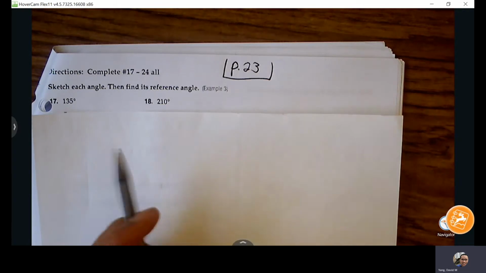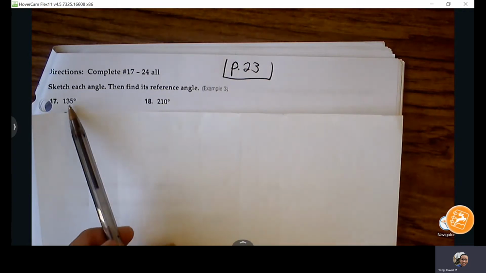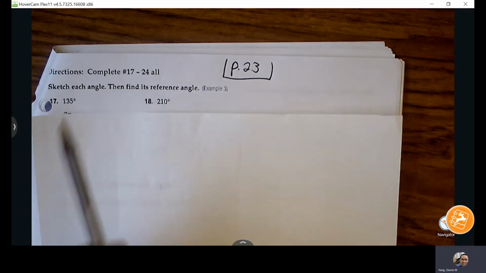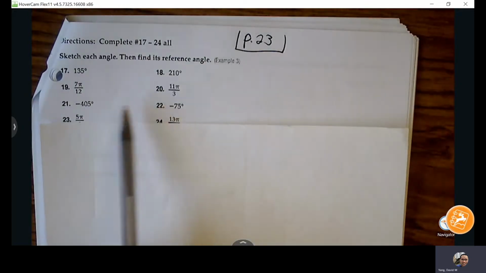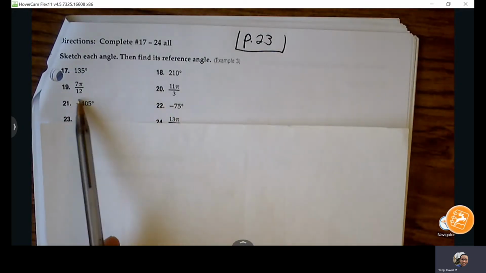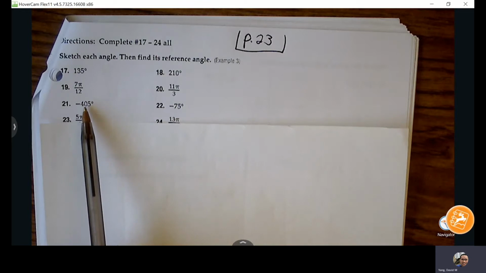Initially, these angles are going to be something that we recognize, that we can instantly plot and decide which quadrant it's in. But if an angle measure doesn't land as nicely as we would want, then we would find a coterminal angle that would fit in that 0 to 360 range, and then we can go on from there. But let's start off with something a little bit more straightforward. Let's start with 17.